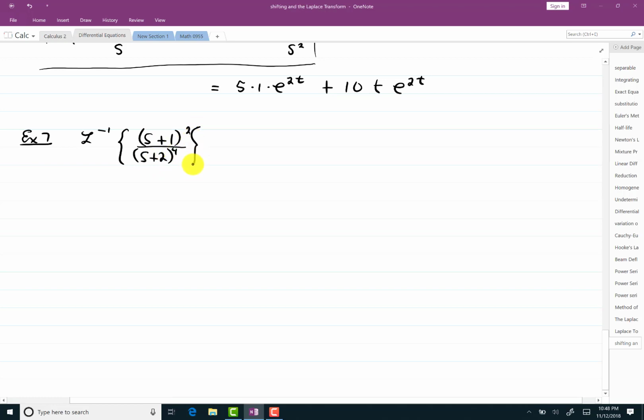I'm guessing a problem like this seems a little bit tricky, but the real shifting that's going on is always down here, mostly down here in the denominator. Up here, in order to work this, I'm just going to have to FOIL this thing out. So I get inverse transform of s squared plus 2s plus 1 all over s plus 2 to the 4th.